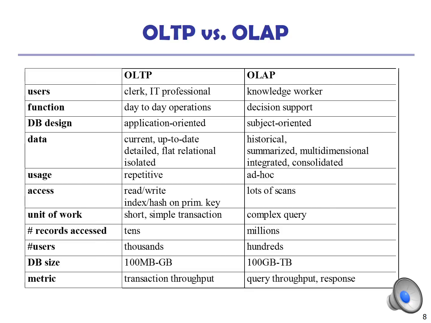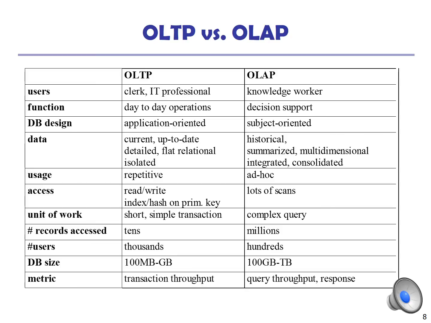It's not repetitive. You don't query the same kind of data again and again, because you're not going to learn anything new by doing that. The access required for online transaction processing is a simple read-write, with indexing and hashing on the primary key.